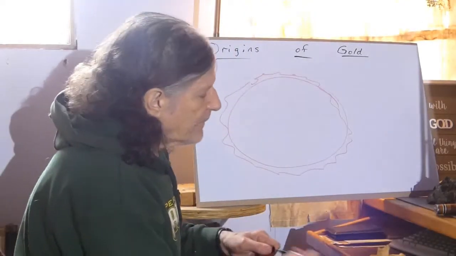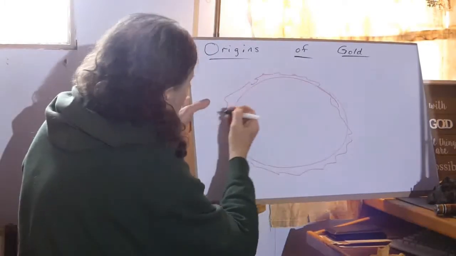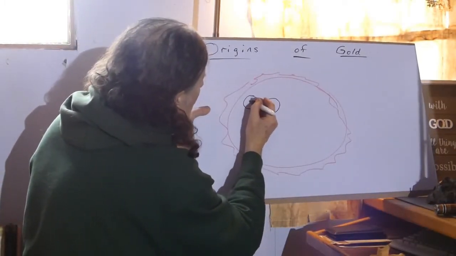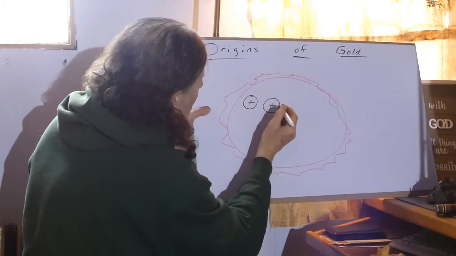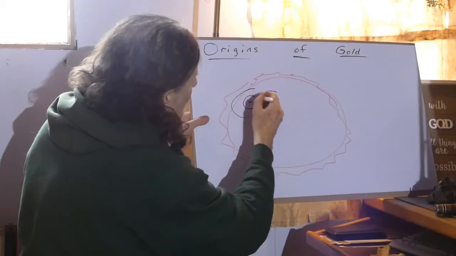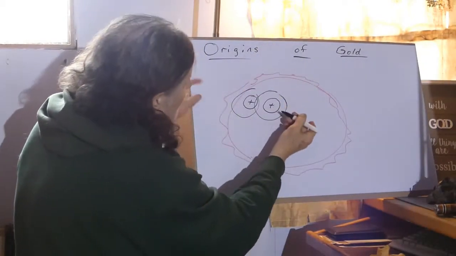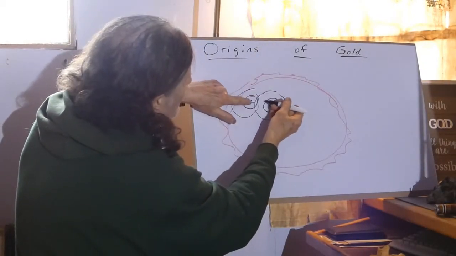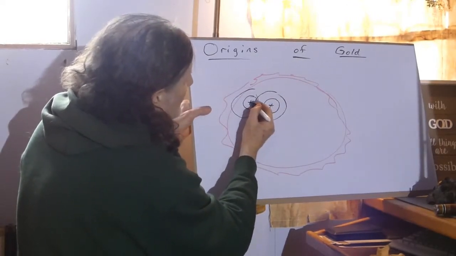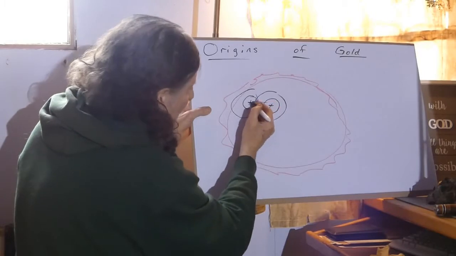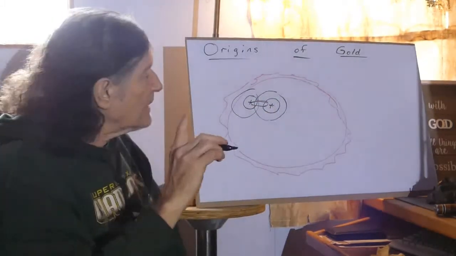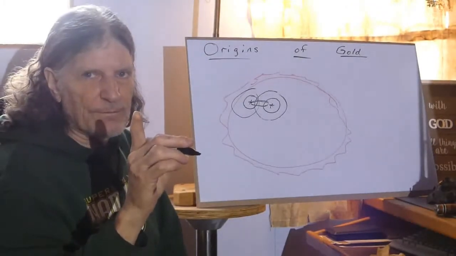Now say you have a couple of hydrogens, and they have their electrons, of course. If you push these two protons together, you push them right next to each other and they'll lock together into a new element. That's fusion.